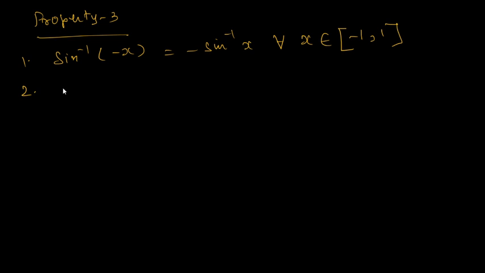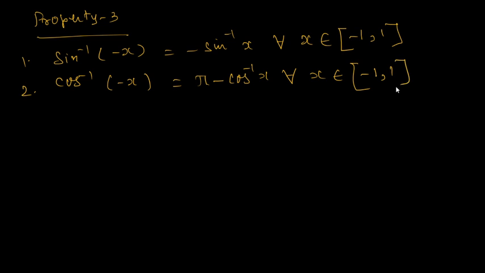Similarly, cos inverse of minus x, that is given by pi minus cos inverse of x, for all x that belongs to the closed interval -1, 1.